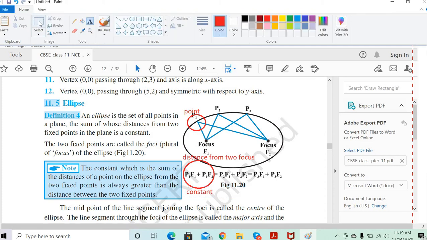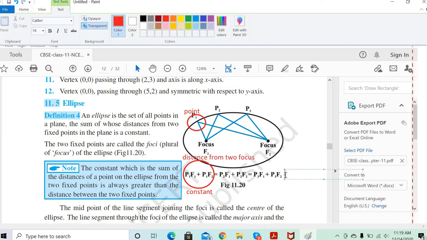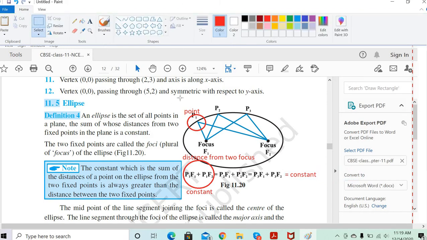Got it? Yes, I got it. This becomes the constant. Any point we need to take, this part is constant. Okay, I'll just send it to you so that you have a clear idea of what I'm talking about.